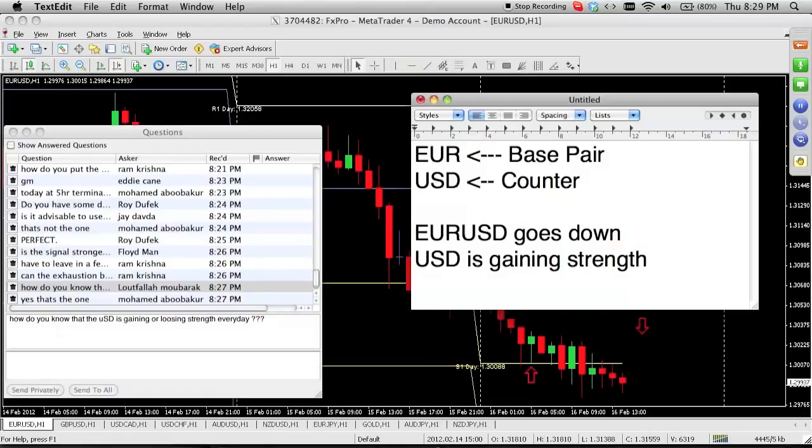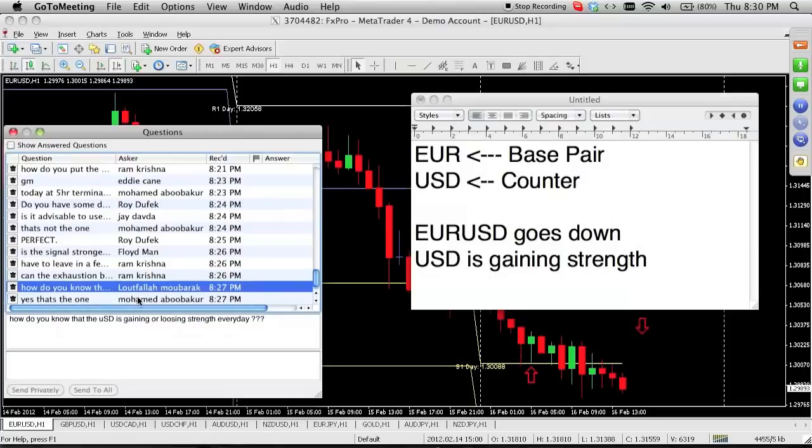So, Luftfala, if every day my forecast says short, short, short, short, short, that actually means the US dollar is going to be strong. And if all my pairs start saying the market's going to go long, then I'm saying the US dollar is going to be weak. So that's how that's put together.